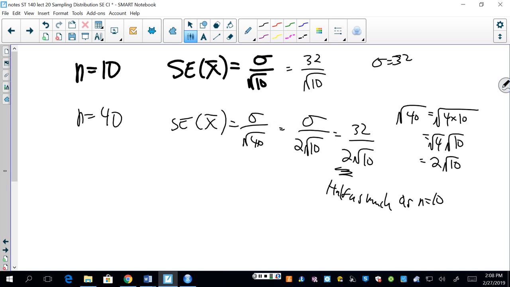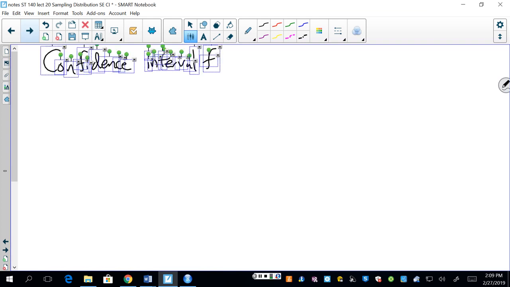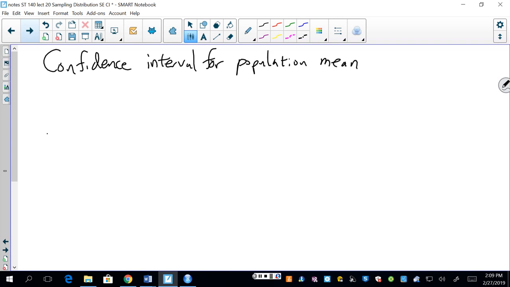But we're going to turn this then into a confidence interval. The idea of a confidence interval is we have our estimate plus or minus some range. And that's going to be based on standard error. So we want to do a confidence interval for the population mean, mu.